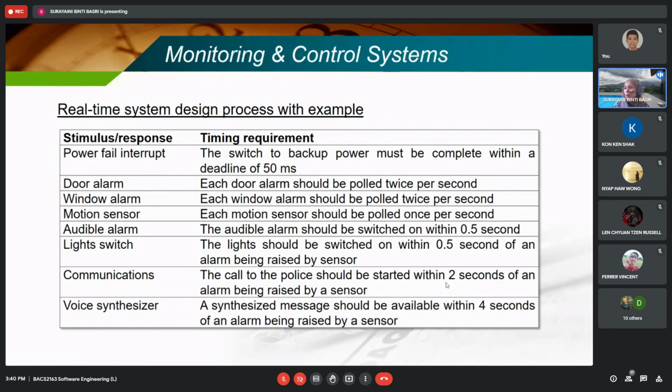Okay, so the voice synthesizer must be available within 4 seconds, before it produces its voice.